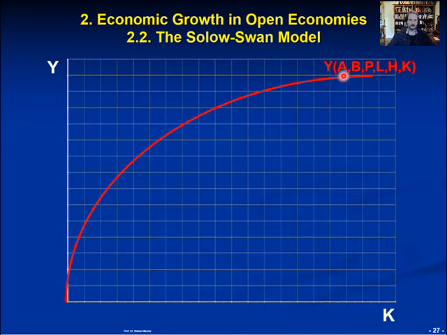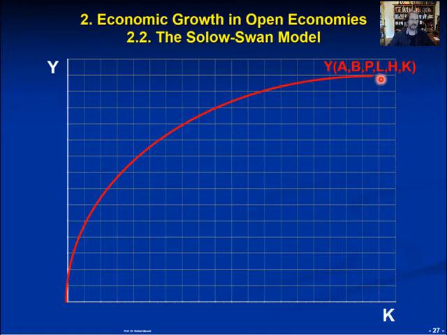For example, uppercase letter A represents the stock of accumulated technological knowledge, uppercase letter B represents land and natural resources, uppercase letter P represents public goods supplied by the government like infrastructure or the legal system of a country.